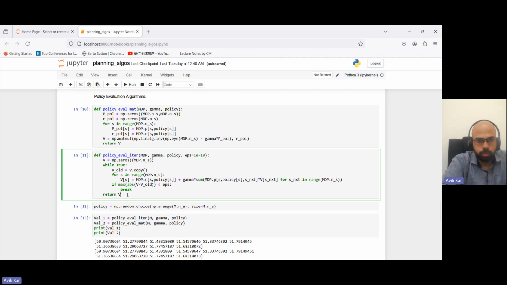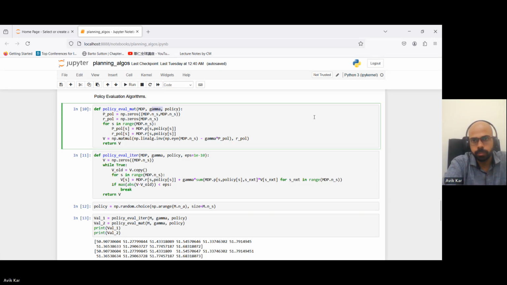If you go through these two functions, it's very easy to understand. They're doing exactly the same thing: given a policy, they're evaluating the policy. The inputs are the MDP itself, that is P and R, the discount factor gamma, and the policy.